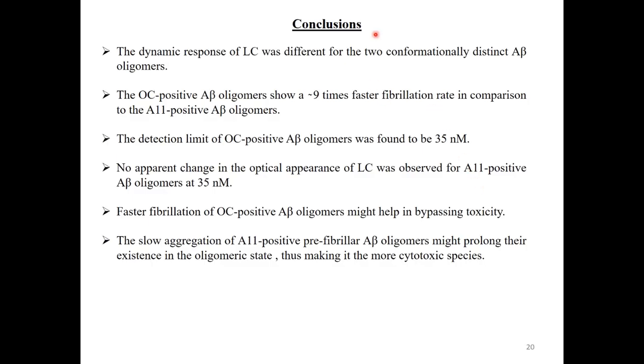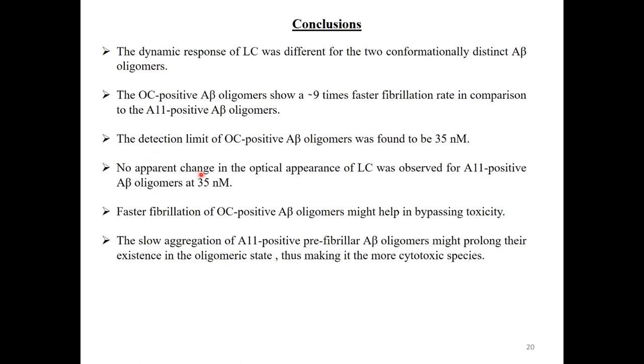So in conclusion, we found that the dynamic response of liquid crystal was different for the two conformationally distinct A-beta oligomers. The OC positive A-beta oligomers show a 9 times faster fibrillation rate in comparison to A11 positive A-beta oligomers. The detection limit of OC positive A-beta oligomers was found to be 35 nanomolar.